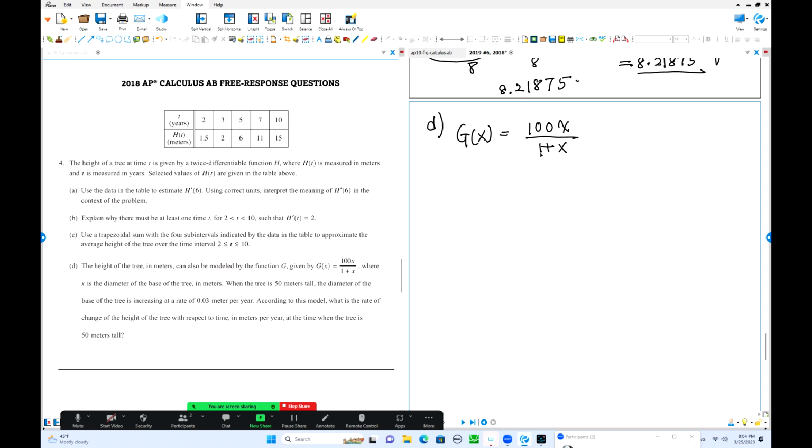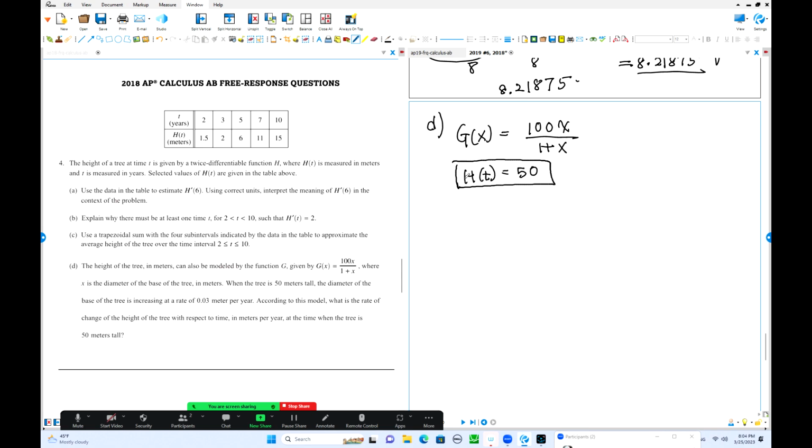When the tree is 50 meters tall, okay, when h of T equals 50 meters tall, the diameter of the base of the tree is increasing at this moment.